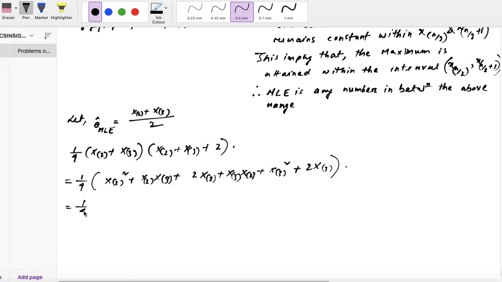Now rearrange it: x2 square plus x3 square plus 2 x2 x3 plus 2, taking common 2 from these two terms, x2 plus x3.